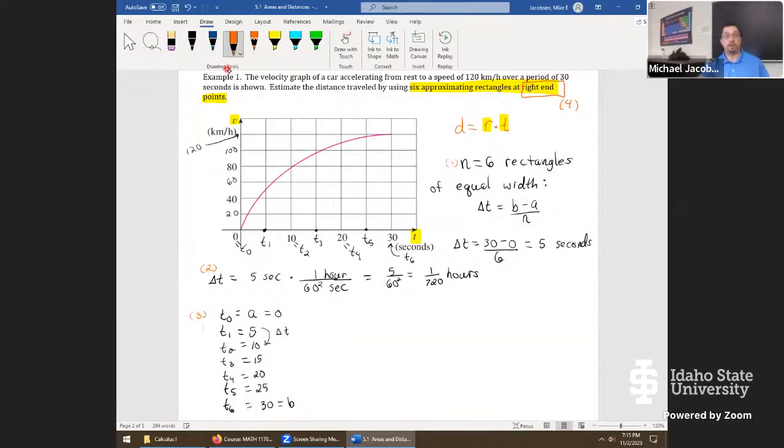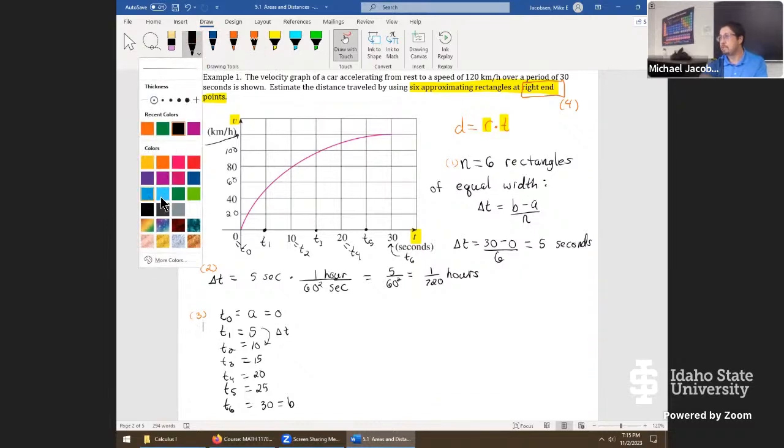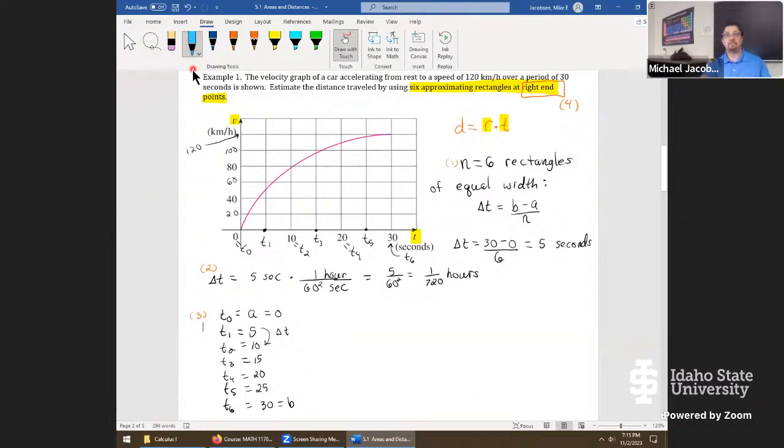We're doing this at right endpoints, and so our graph should reflect that. And if we don't get the graph right, the algebra down below is going to look really, really weird. So let me use a special pen for this one. Let's go with, well, to do the job, nothing too strong of a color. So if we're using right endpoints, then the right endpoints are these ones.